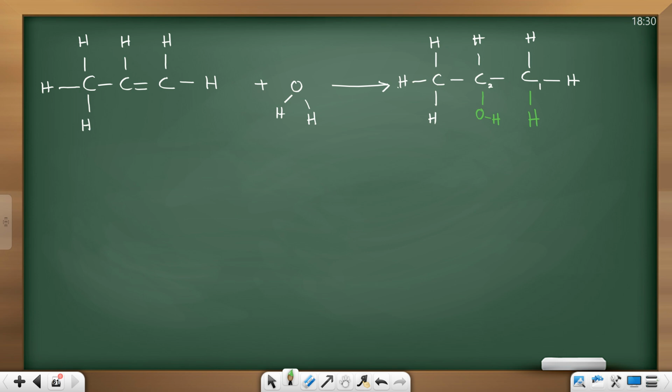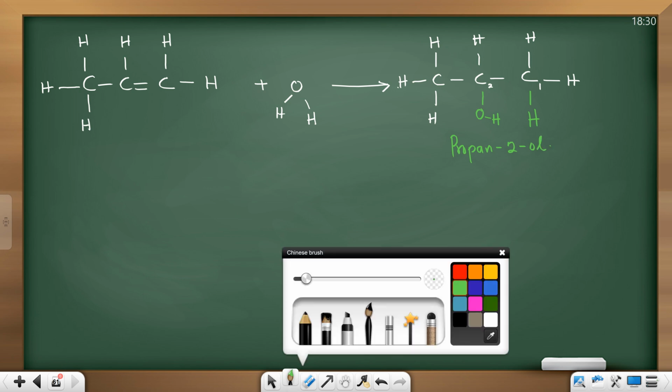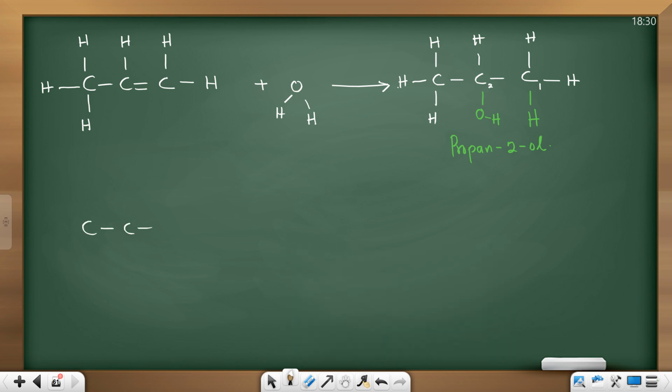And what is the name of this compound? Propan-2-ol. But if I'm reversing, what are we going to have? Let's reverse it.